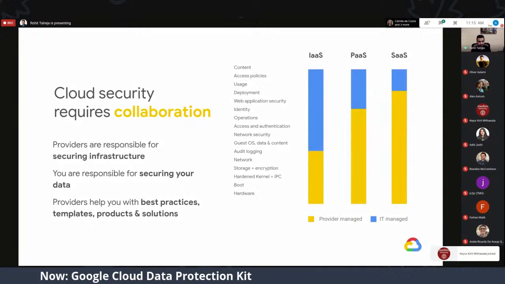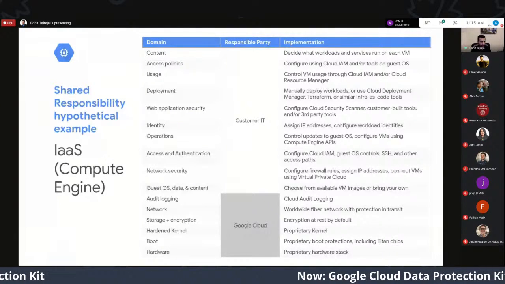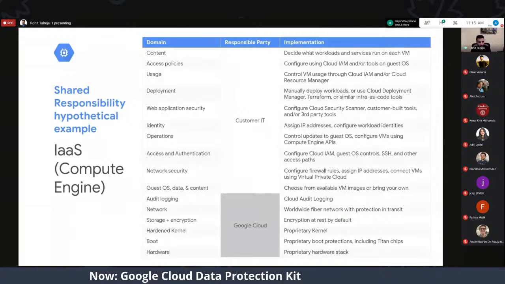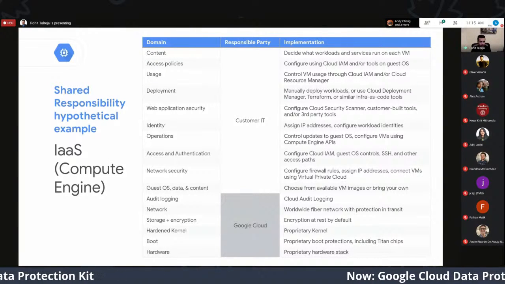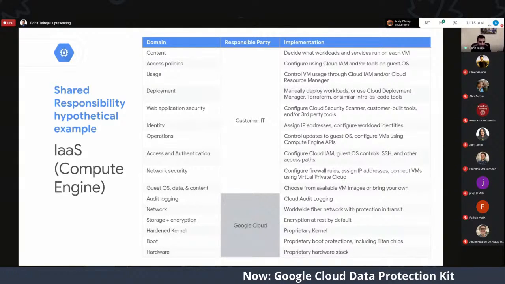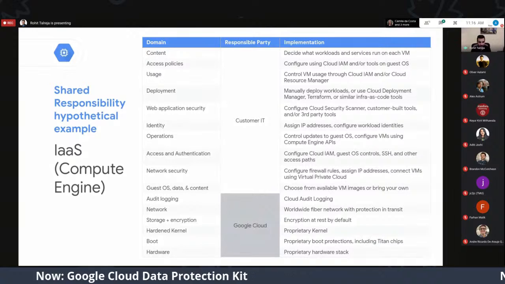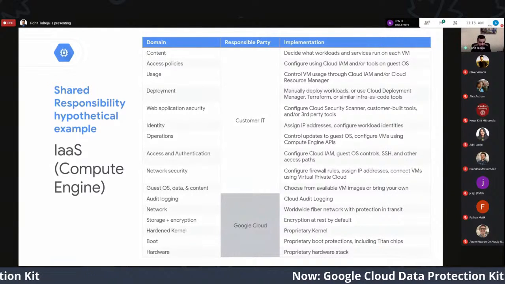infrastructure as a service example, which is our virtual machine engine or Compute Engine, Google has taken on infrastructure and virtualization responsibilities. So we've deployed the hardware stack. We've installed our proprietary hardware and software at the physical layer. We've virtualized the machines.